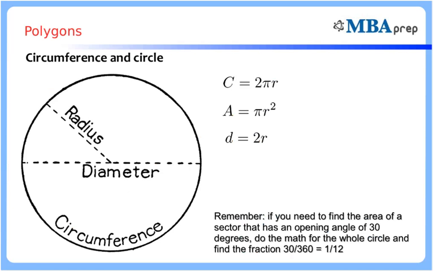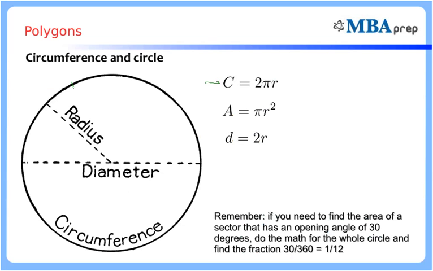So this part of the class is about circumference and circle, even though it's entitled polygons, just to make you aware that this also has area and a length. But the circumference is not exactly a polygon. We don't have the tools to demonstrate these formulas, but the circumference is the border.